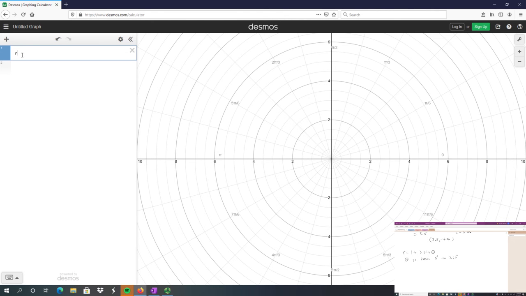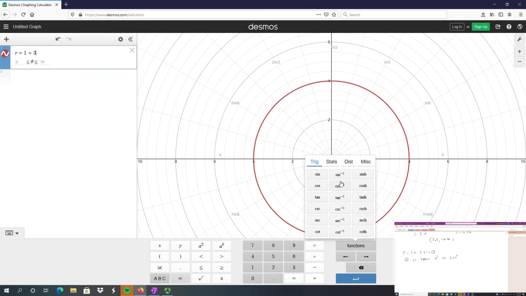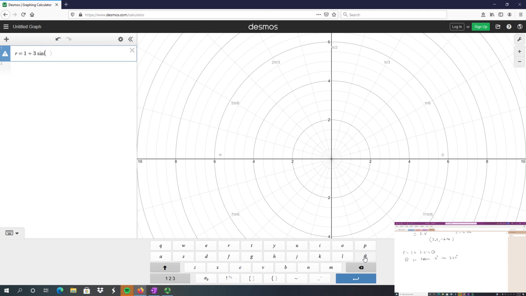So this is going to be r equals 1 plus, and then down here, my little keyboard tool, we want functions, and we actually want 3 first, so we want 3, and then we want sine, and then we need the theta, so this ABC thing, and we pull up our theta, and we get our graph. Right? So polar graphs, you get some pretty interesting shapes like this.